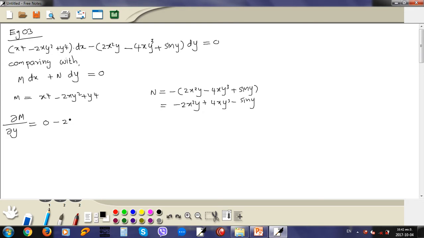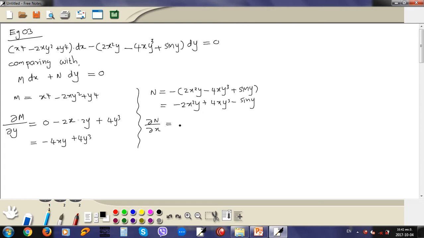Minus 2x is constant, and differentiating y² gives 2y, plus 4y³, the derivative of y^4 with respect to y. So you can take this as −4xy + 4y³, that is ∂M/∂y.